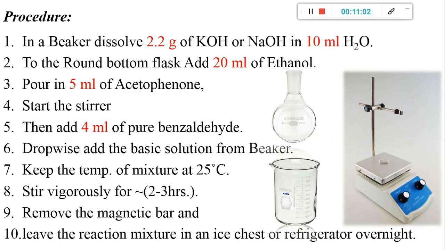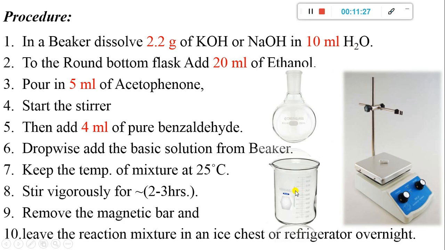Now let's move to the practical section. We need a beaker, a round bottom flask, a magnetic stirrer, and a stirrer device. Then in the beaker dissolve 2.2 gram of KOH or NaOH in 10 ml of H2O.